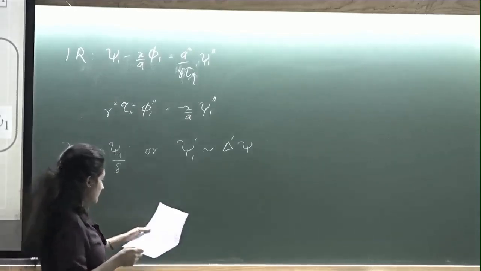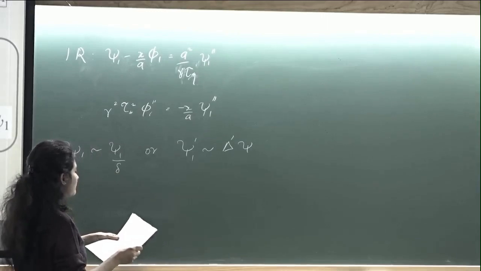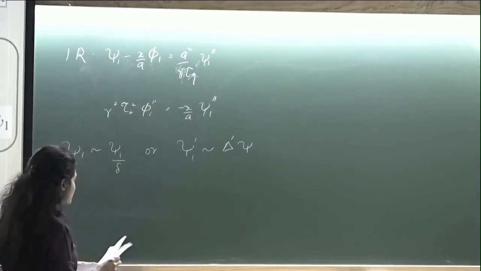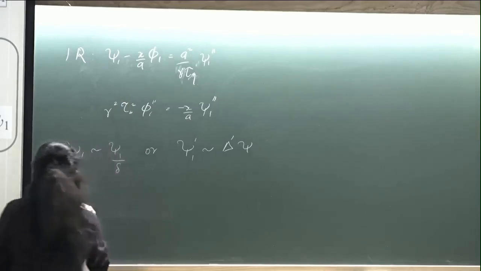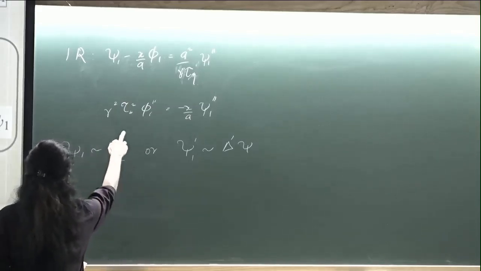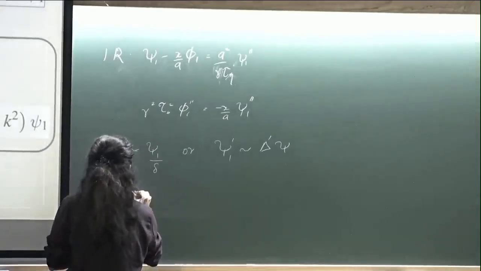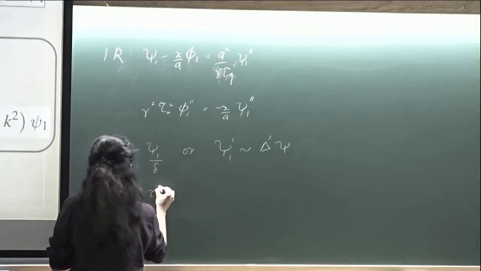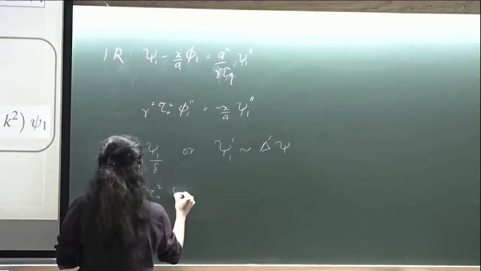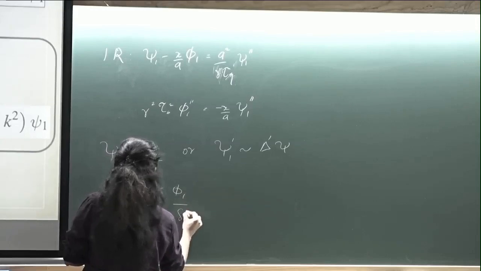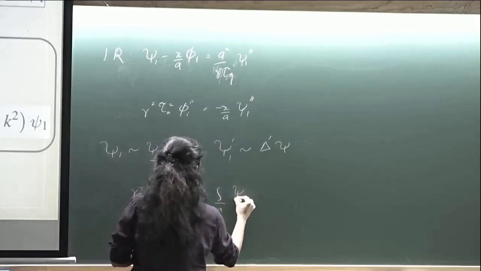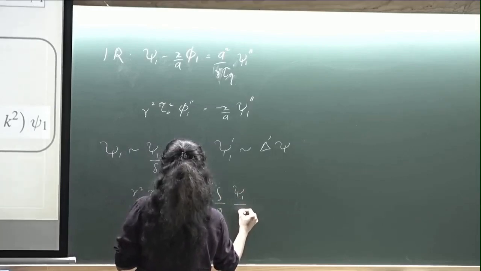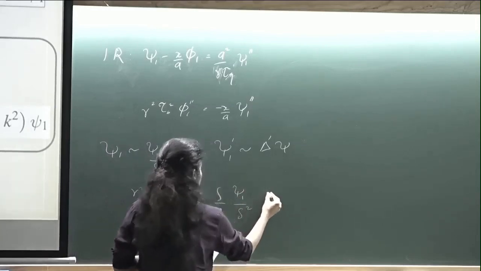So if now I use the first option and do these estimates, then I get this. From the second equation here, I can write down gamma square tau h square phi1 by delta square is delta by a psi1 by delta square.